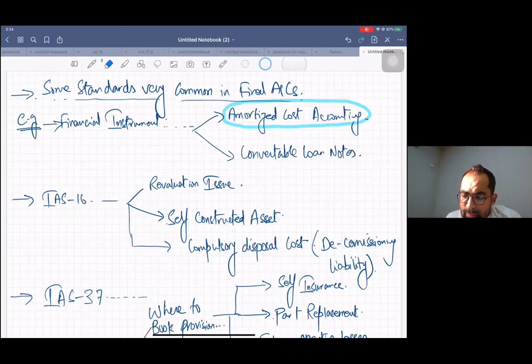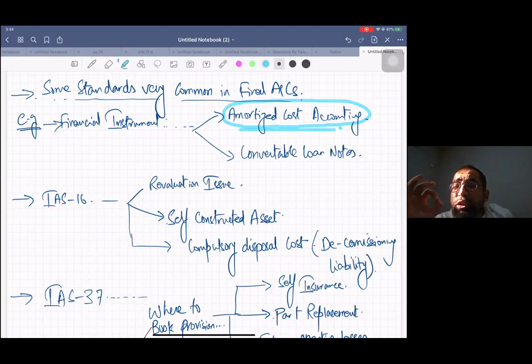Also in some questions, sometimes the examiner asks about the issue cost treatment. The examiner has already done wrong treatment of issue cost, and needs you to correct that treatment. Now, I hope you remember the treatment of issue cost.